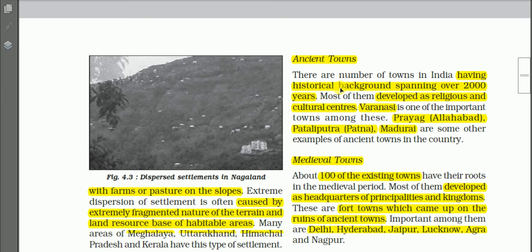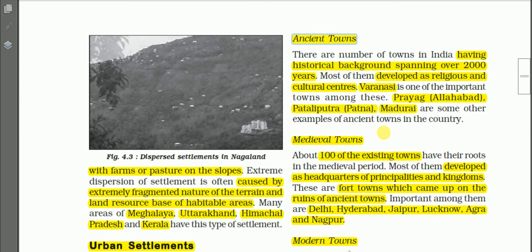So now let us learn about ancient towns. So what are ancient towns? These are the towns having historical background spanning over 2000 years. Towns having historical background spanning over 2000 years are known as ancient towns. And most of these towns developed as religious and cultural centers.